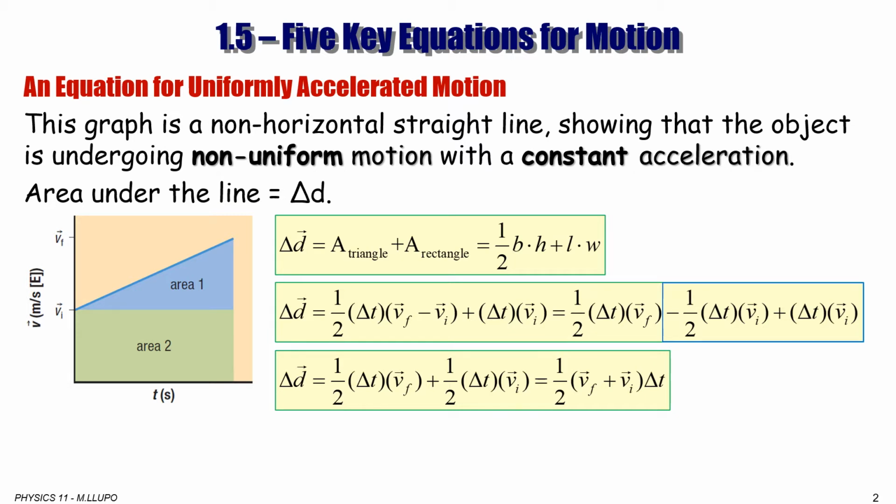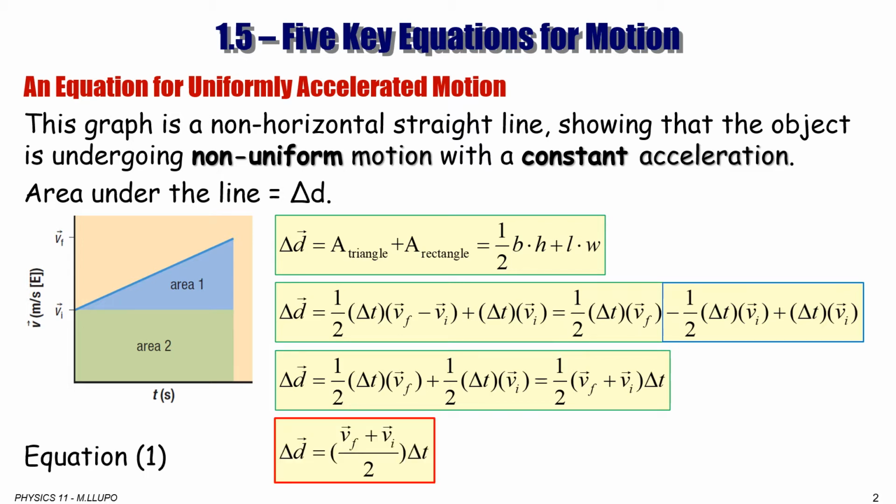So what is left is half of delta t V final plus half of delta t V initial. After we factor out half and delta t, we have V final plus V initial divided by 2, times delta t, which is equation number 1 in kinematics.